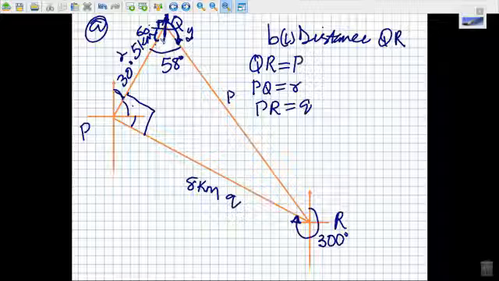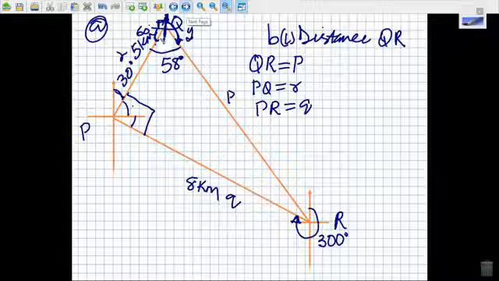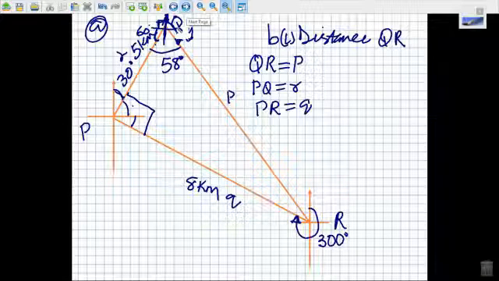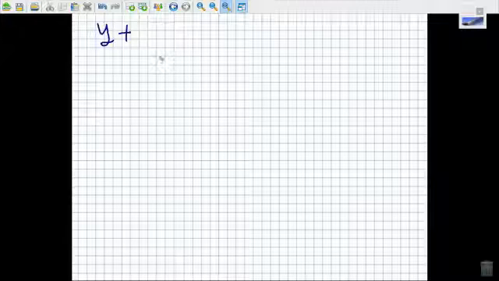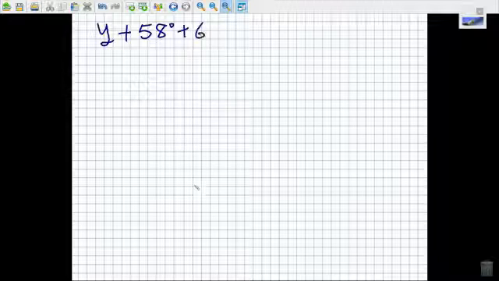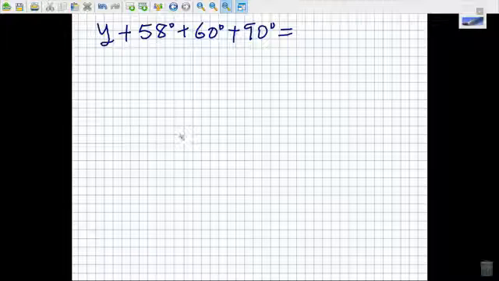This is what we are going to use to find y, which is the bearing of R from Q. So y plus 58 degrees plus 60 degrees plus 90 degrees is equal to 360 degrees.